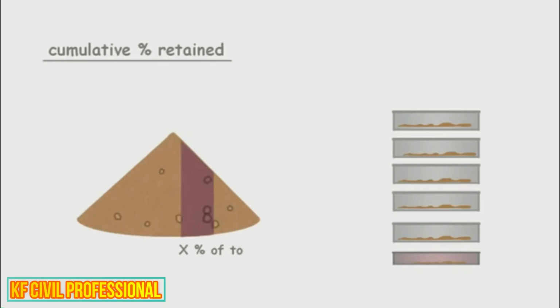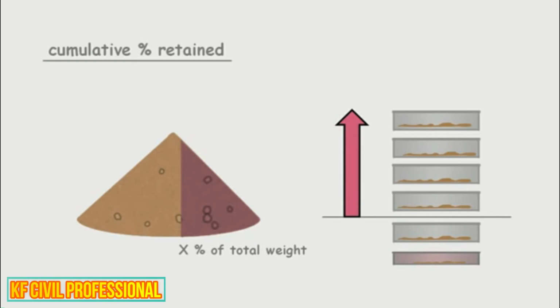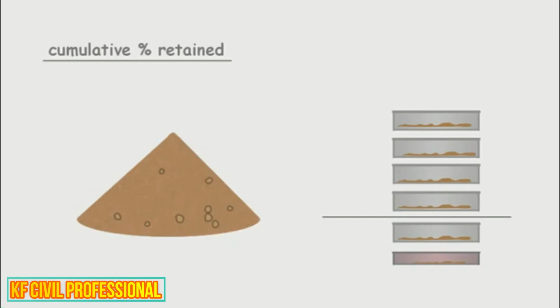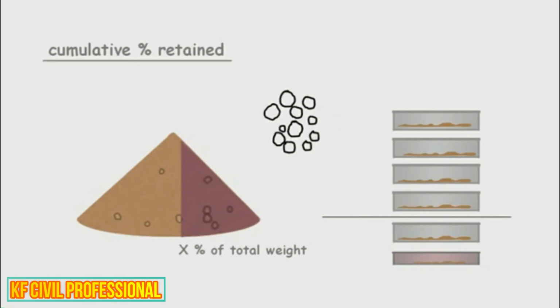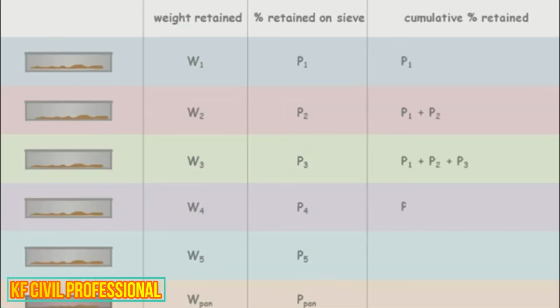Cumulative percentage retained is the total percentage amount of soil which could not pass the particular sieve. In other words, this percent amount of soil has grain size greater than the sieve number. So let's calculate the cumulative percentage retained for each sieve.